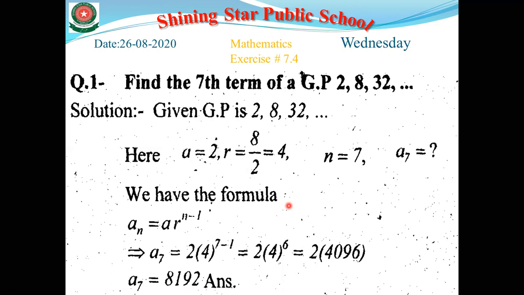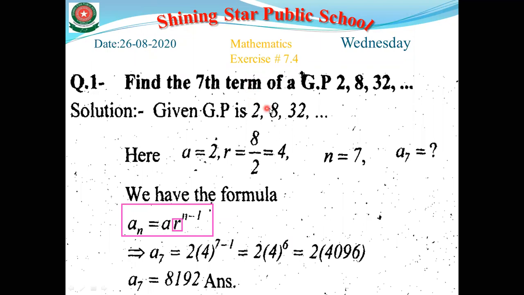Now in GP, again we have a formula: AN is equal to A R to the power N minus 1. Now what is this R? R is the common ratio. As you know that D is the common difference, here R is the common ratio.